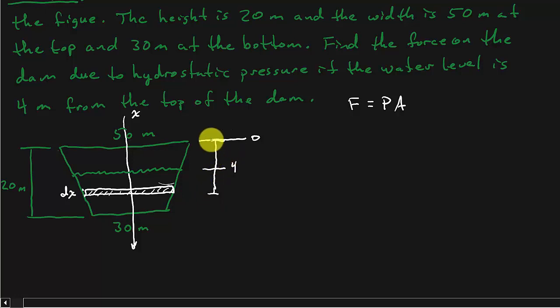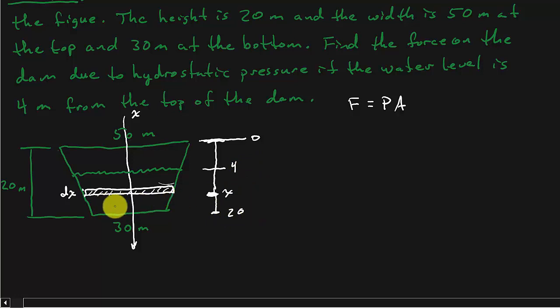So the distance from here to here of the strip, we'll call that x. And then the entire distance from here to here is 20, okay? So this would be 0, this would be 4 meters down, this would be x meters down, and this would be 20 meters down.